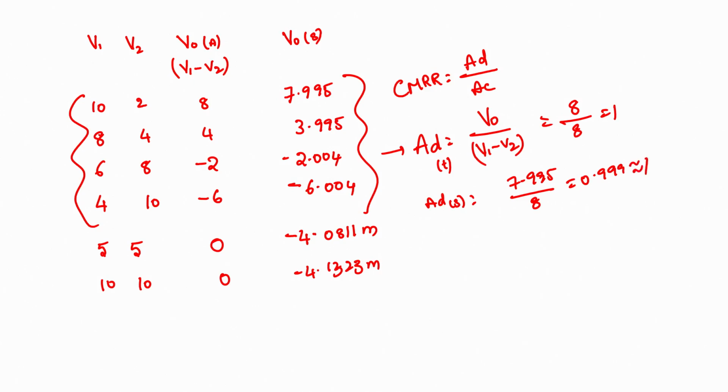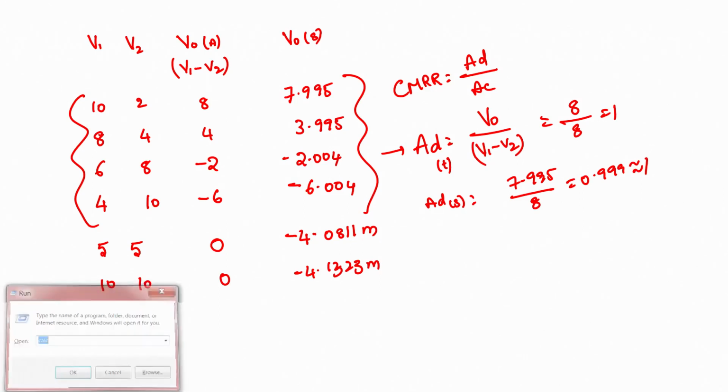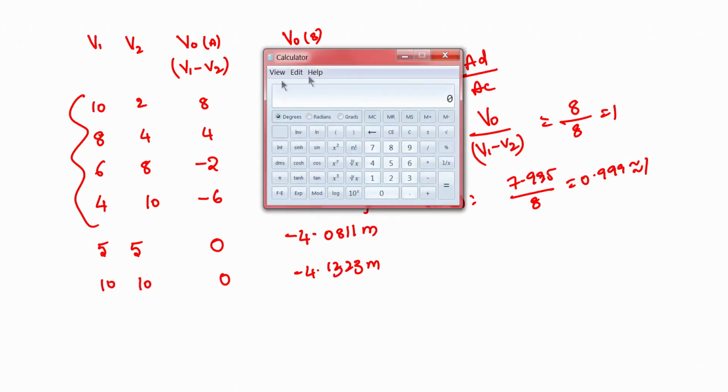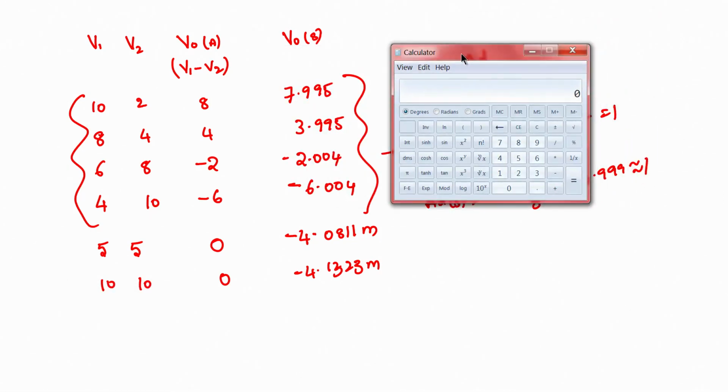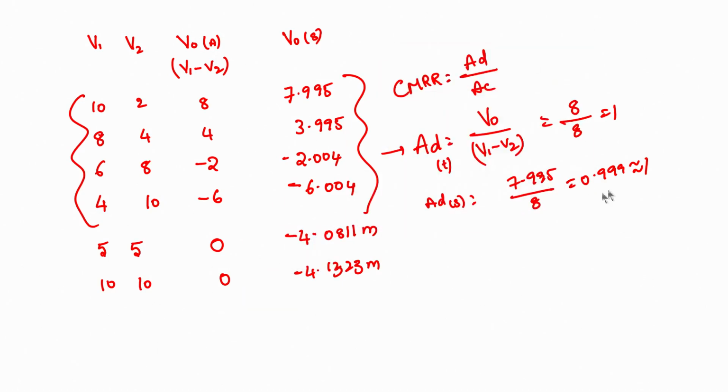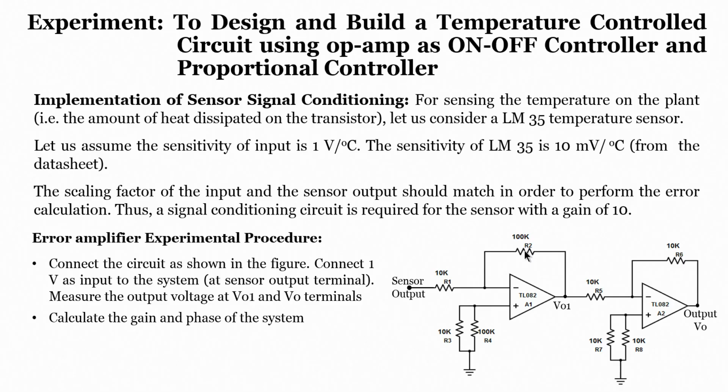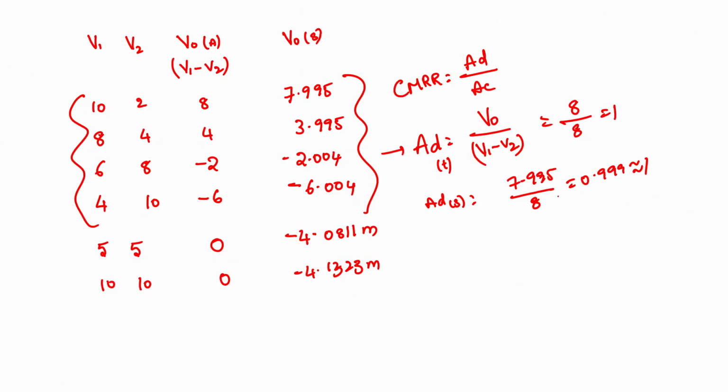I will take the next value too, I will take calci. So, 3.995 divided by 8 minus 4, 4, 0.998. So, almost equal to 1, right. We are getting almost everything equal to 1.